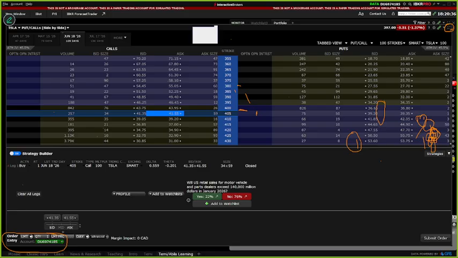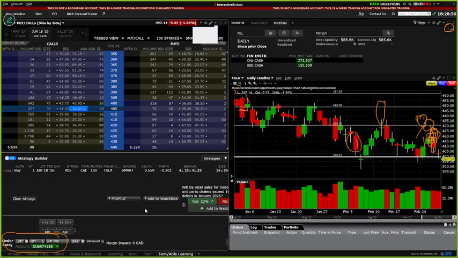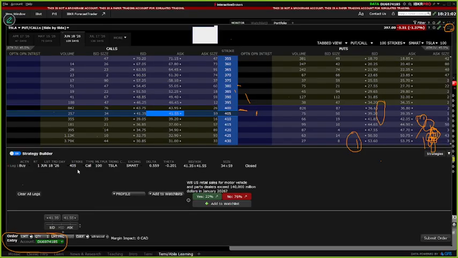Can you see it at the bottom? I think you just need to see it at the bottom. You've seen it now? Perfect. So you can see the order entry, limits, quantity.